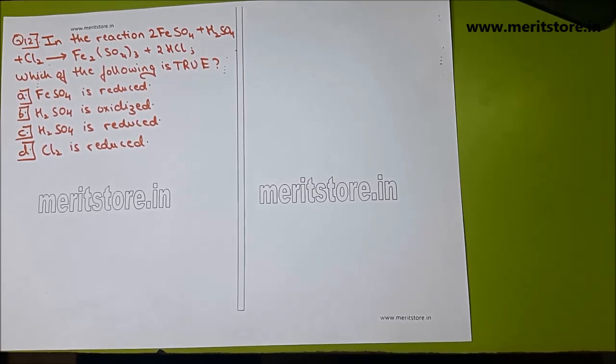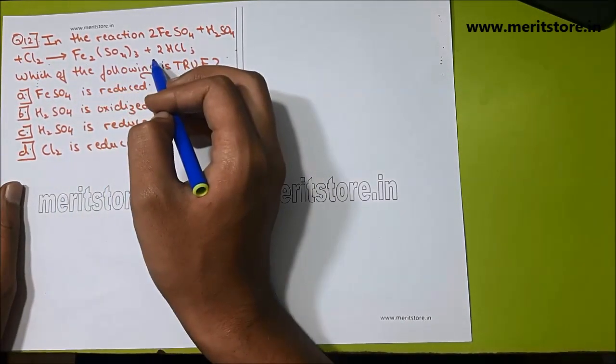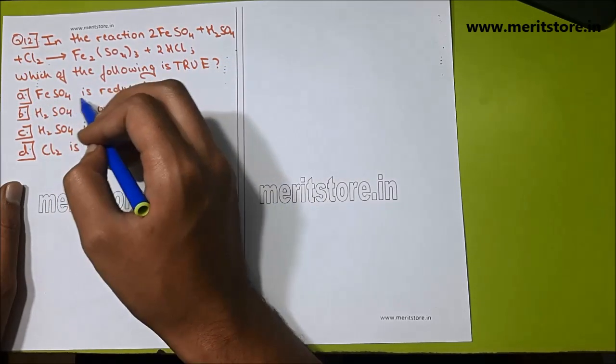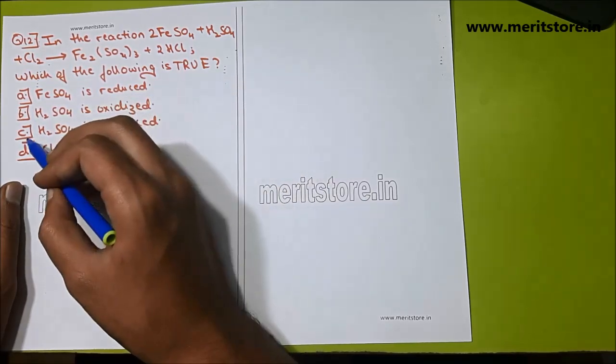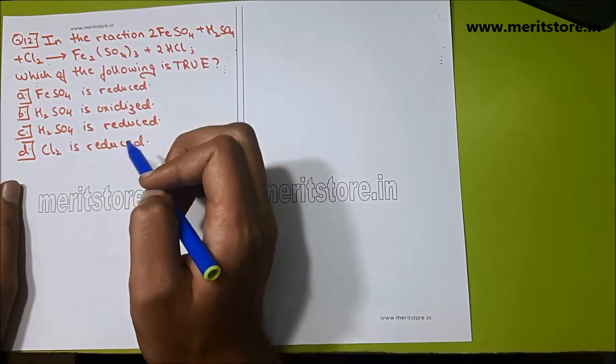Question number 12. In the reaction, 2FeSO4 plus 2H2SO4 plus chlorine gives Fe2(SO4)3 plus 2HCl, which of the following is true? A, FeSO4 is reduced, B, H2SO4 is oxidized, C, H2SO4 is reduced, D, chlorine is reduced. Okay.